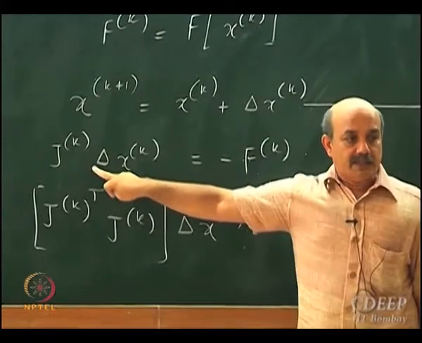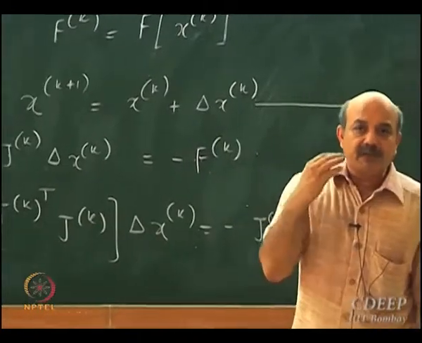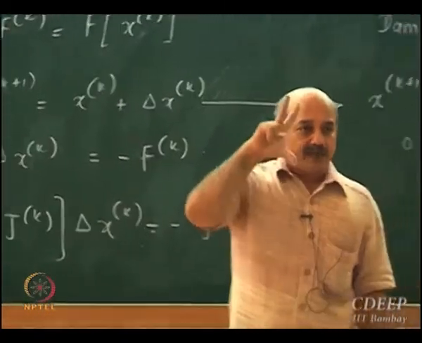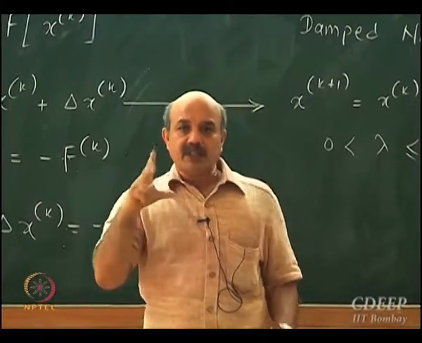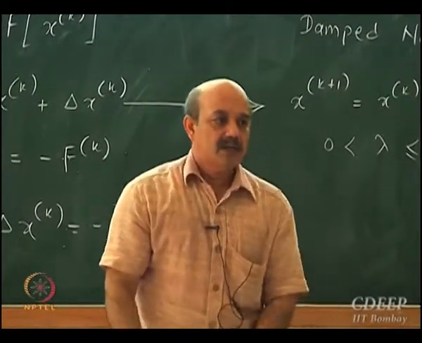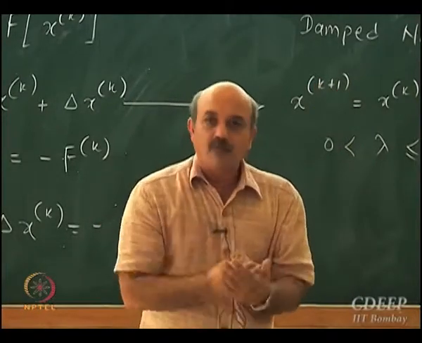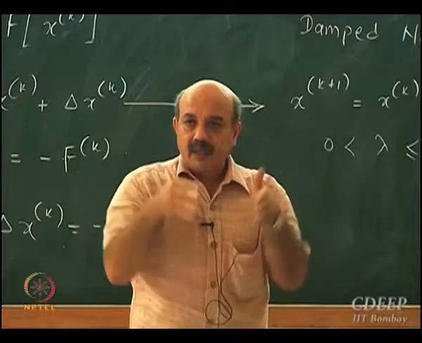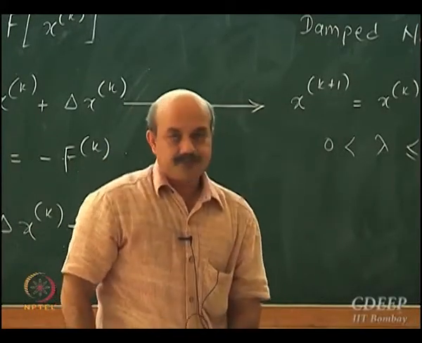This Jk is a local Jacobian, local derivative. Okay, so actually what should happen is that when you take this step, the function vector should reduce, because I want to go to f of x equal to 0. When I go from xk to xk plus 1, this function vector should reduce.